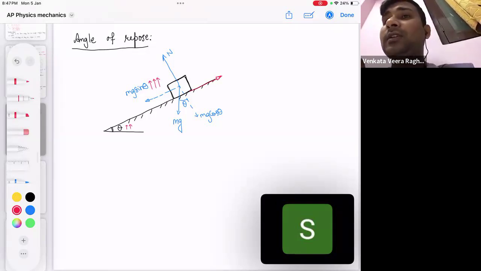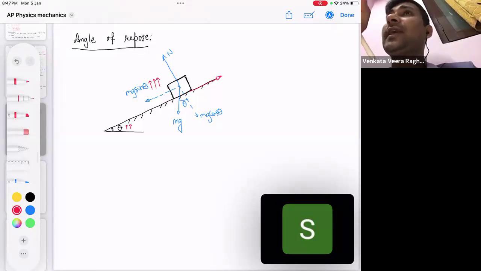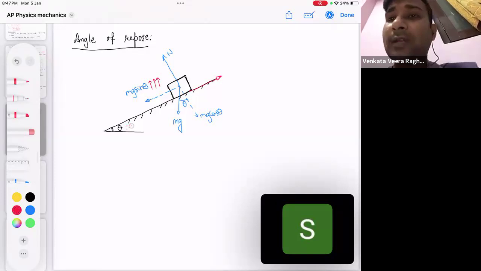After reaching a certain value, what will happen? Friction will have already applied its maximum possible value, isn't it? From that moment onward, even if I increase mg sine theta slightly, the friction won't be able to keep it at rest. Understood? So then, from that moment onward, the body will start sliding.